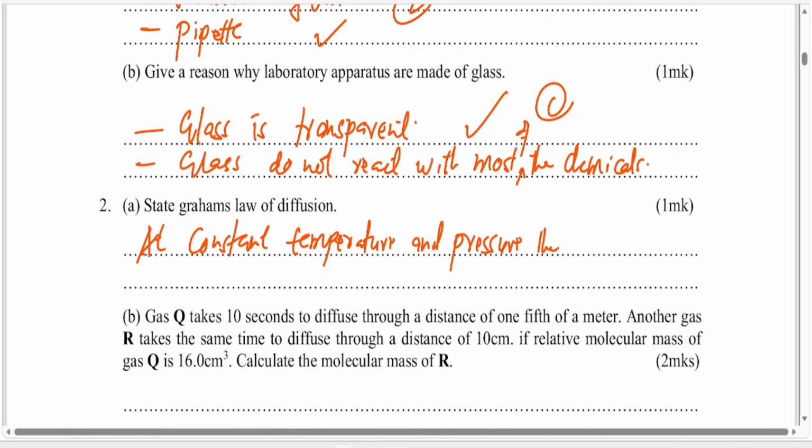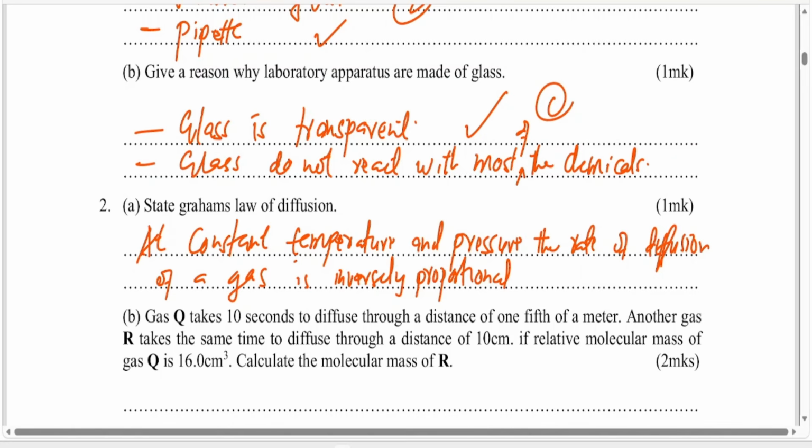the rate of diffusion of a gas is inversely proportional to the square root of its density.